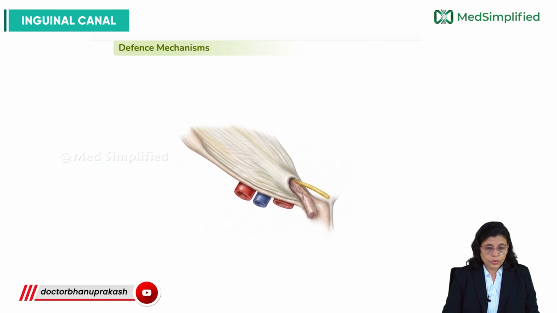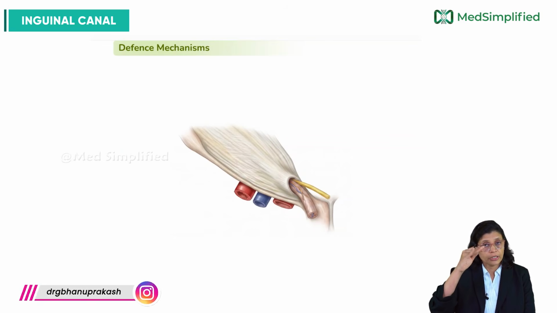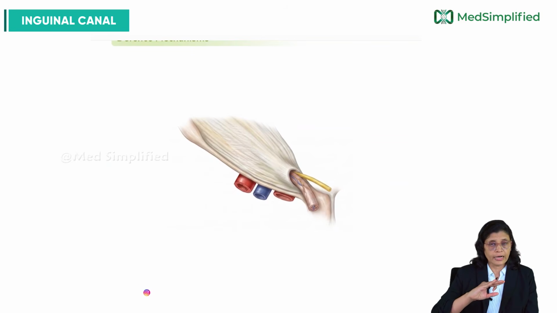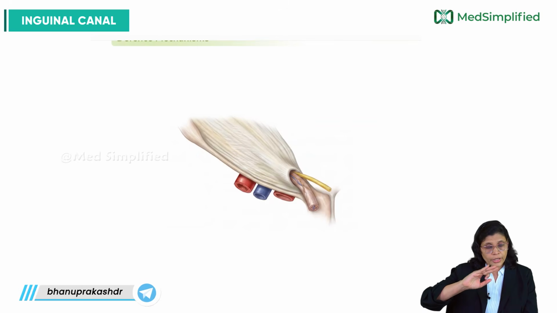Next is the shutter valve mechanism, which is like pulling down a shutter. Whenever there is increased abdominal pressure, the roof and the floor approximate, like the roof coming down to the floor. This happens because the internal oblique muscle fibers form part of the roof anteriorly as well as the posterior wall.